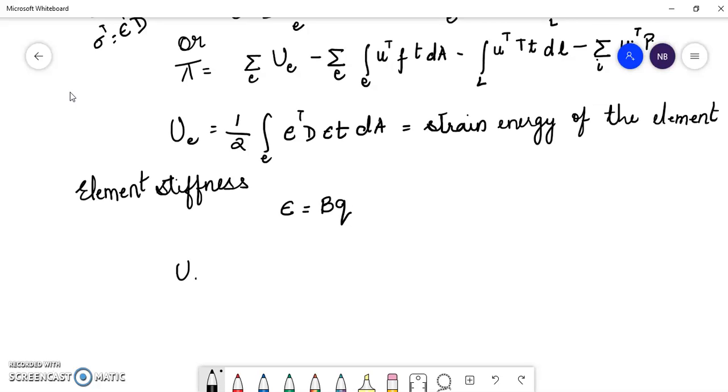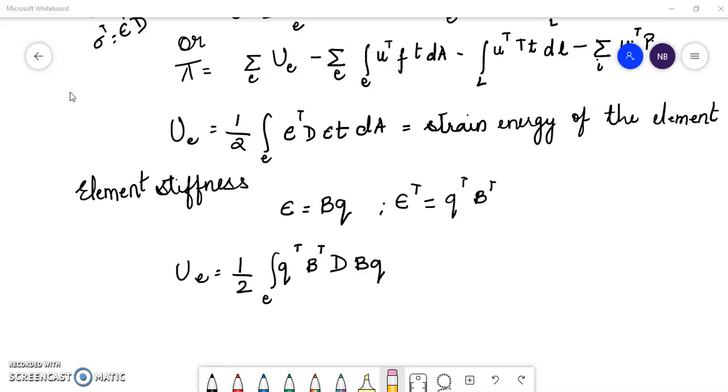So substituting for this, we get half integral, and from this equation we'll get epsilon transpose will be Q transpose into B transpose. So we have Q transpose, B transpose, D, B, Q into the thickness dA.